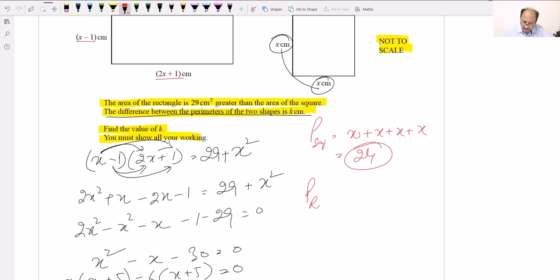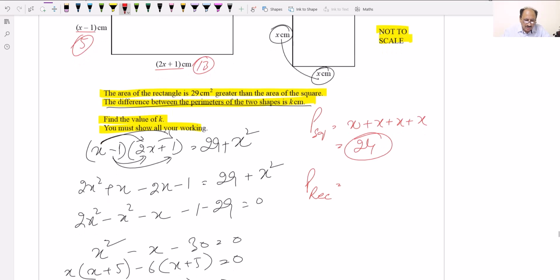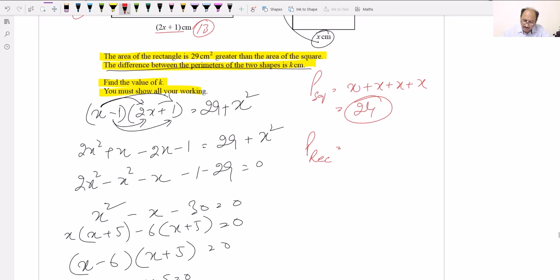The perimeter of the rectangle: this side is 6 minus 1, which is 5, and 12 plus 1 is 13, so this side will be 13. So we can write 5 plus 13 plus 5 plus 13, and this will be equal to 10 plus 26, which is 36.